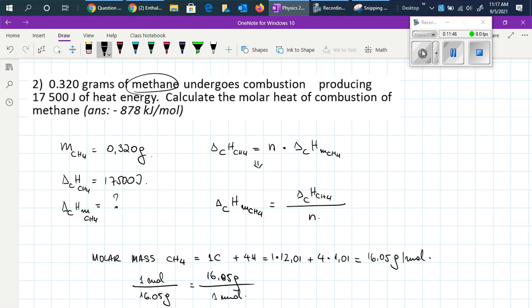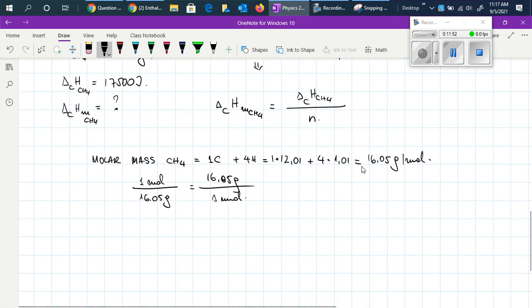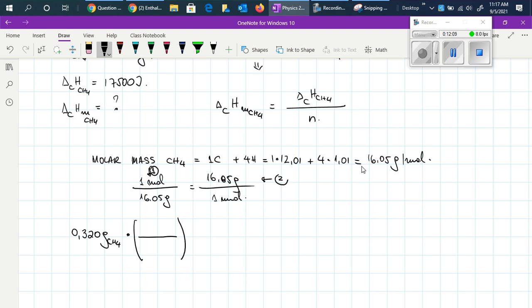Now we start with gravimetric stoichiometry. 0.320 grams of methane is multiplied by a ratio, and in this case we have ratio 1 and ratio 2.